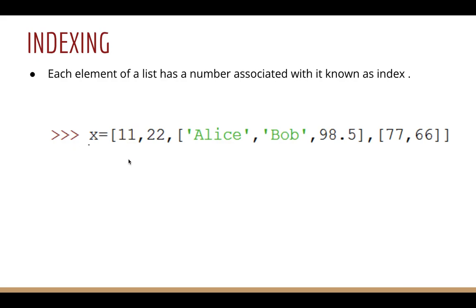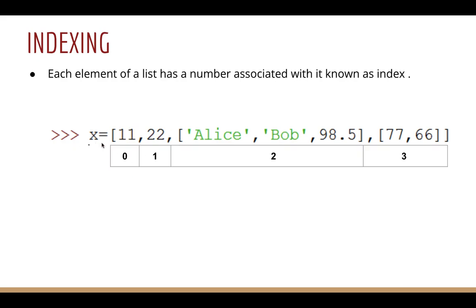So let's suppose this is a list x which we considered a few minutes back. Now here, how many items are there? We have 4 items here: 11 and 22 are 2 items. Third item consists of a list and fourth item also consists of a list.